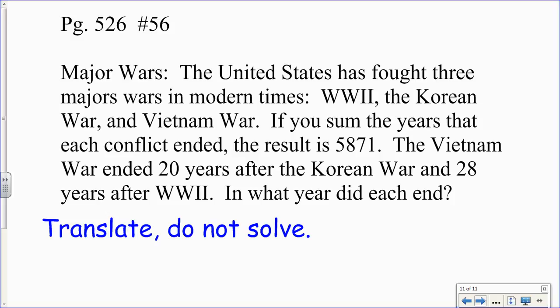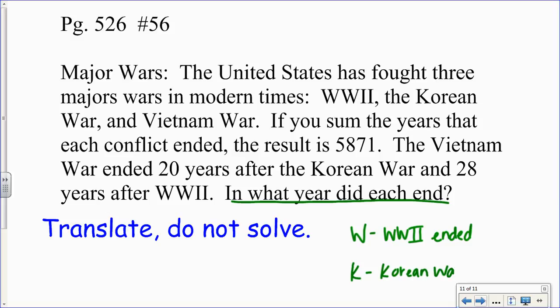Okay, so you start off with these by figuring out what your variables need to be. So in what year did each end? So let's say W is when World War II ended. K is when the Korean War ended.